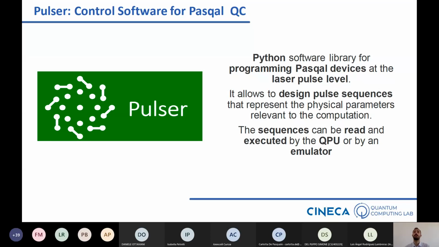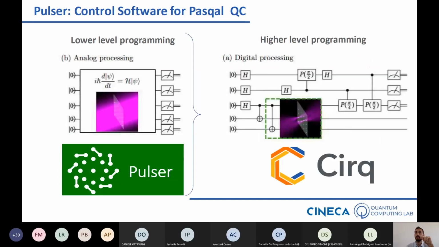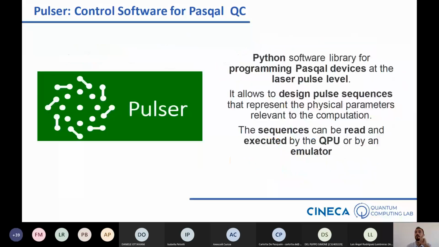So what is Pulsar? Pulsar is this Python software library for programming the Pasqal devices at the laser pulse level. Basically you can design a pulse sequence that represents the parameters omega, delta, and u of the computation.